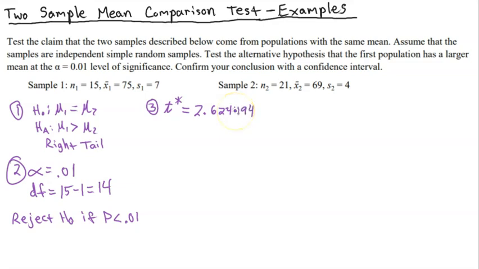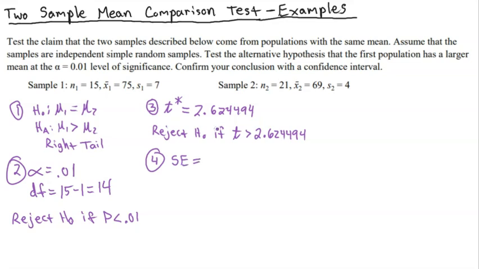And so here's what we're going to say: reject H sub 0 if the actual t statistic that we calculate in step 4 is greater than our critical value of 2.624494.